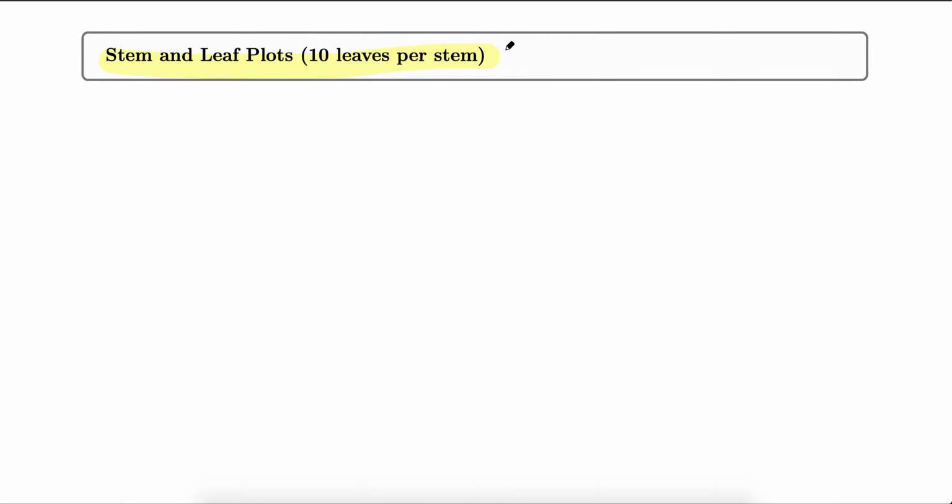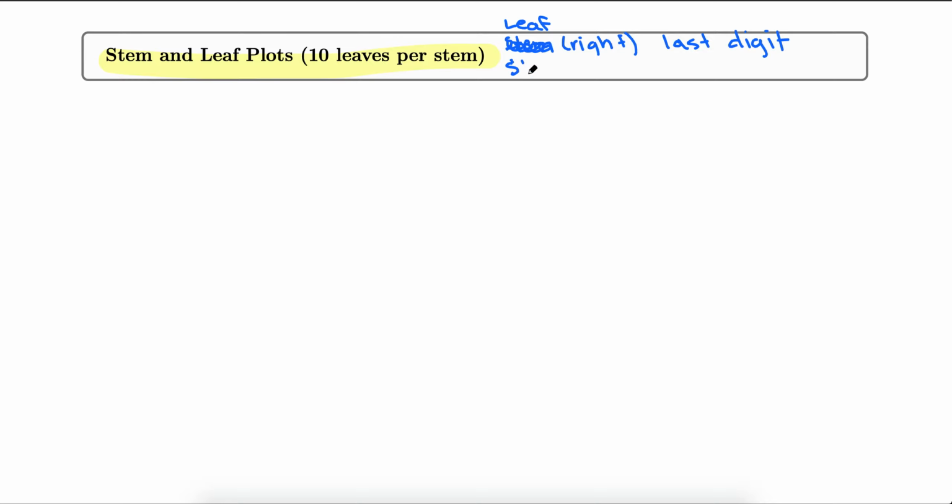So just as a reminder, our last digit goes on the right side, or the right side of our plot here has the last digit. And then, oh, just kidding, I got those mixed up. This is our leaf, excuse me.